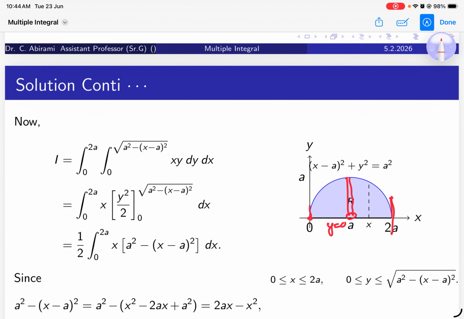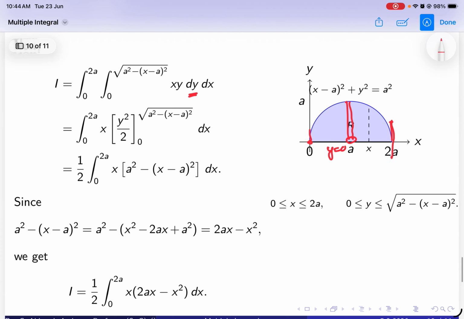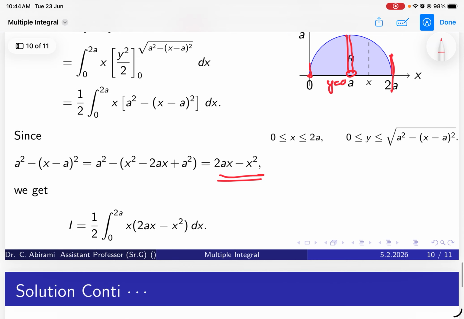Integral 0 to 2a, x with respect to y, so y squared by 2. Now you can simplify the square root of a squared minus (x minus a) whole squared into dx. 1 by 2 is constant, take it outside. Now you can simplify this. You will get 2ax minus x squared. I is equal to 1 by 2 integral 0 to 2a of (2ax minus x squared) dx.